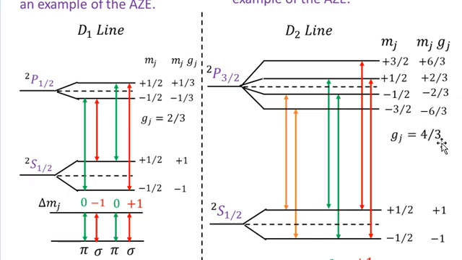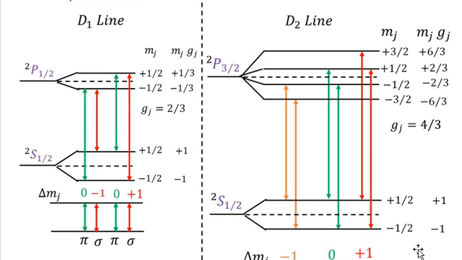So you can multiply 4 by 3 with each of these mj values to get mj into gj values, which are shown on the leftmost side as plus 6 by 3, plus 2 by 3, minus 2 by 3, and minus 6 by 3. And similarly for the ground state, I have shown plus 1 and minus 1, because the Lande g factor for the lower state is 2.